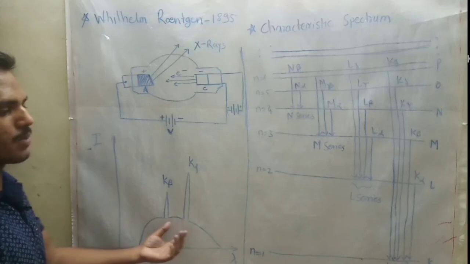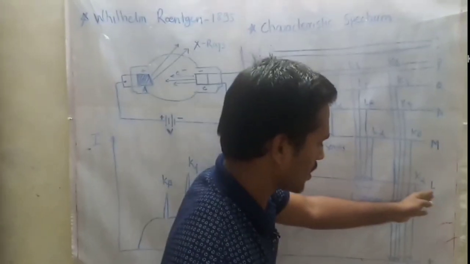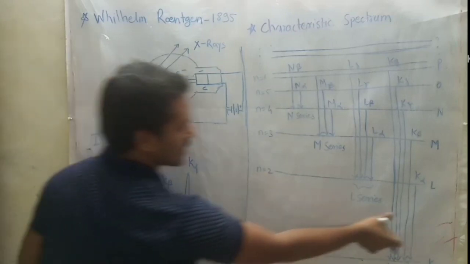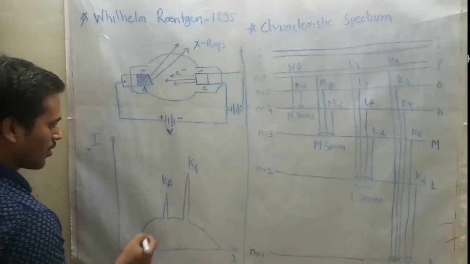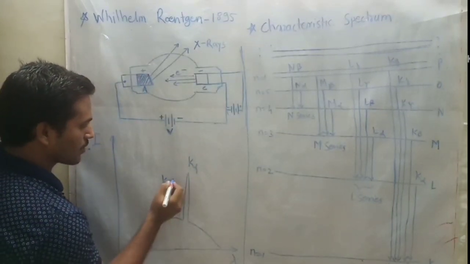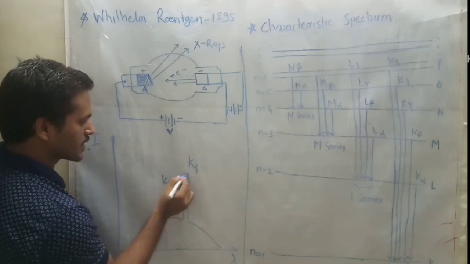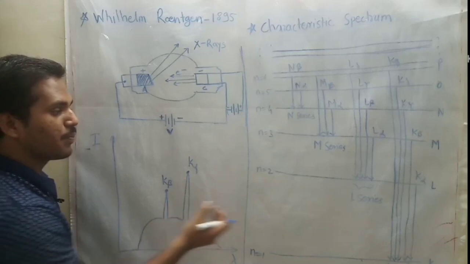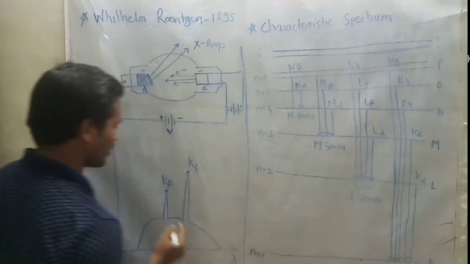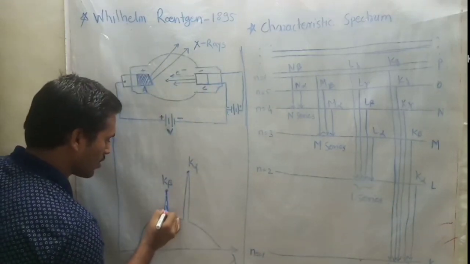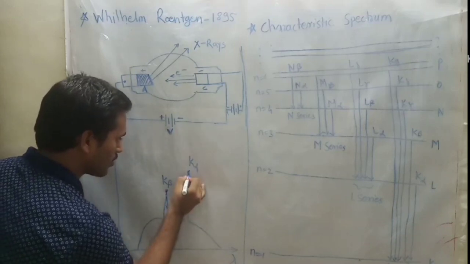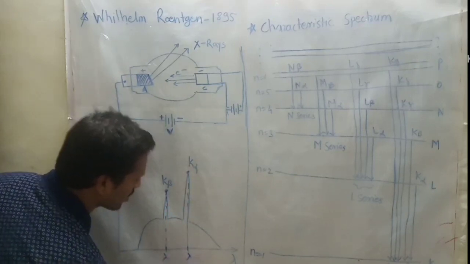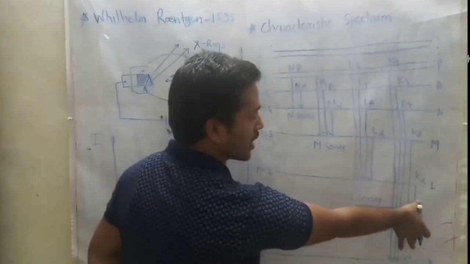This is for the transition from L to K. Here we can observe a sharp peak due to the particular transition. This is a particular wavelength of the particular component.